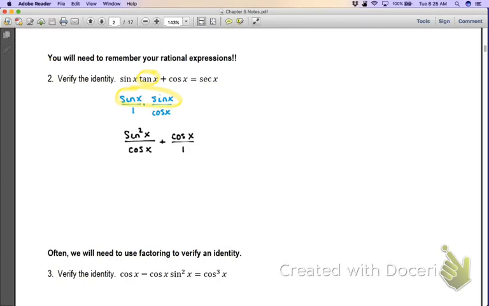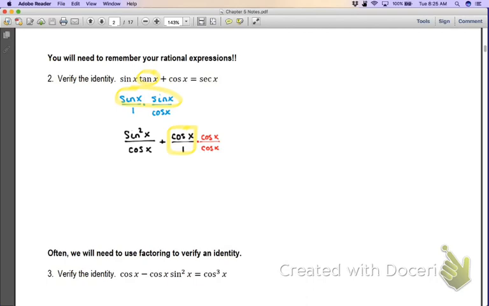Have a common denominator, right? So what do I need to do to this first part right here? What do I need to multiply the top and the bottom by? Cosine of x over cosine of x?